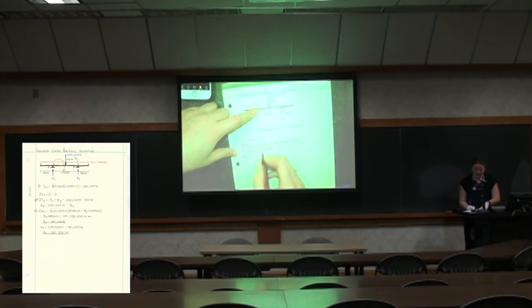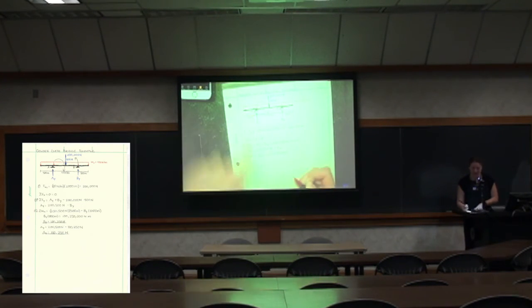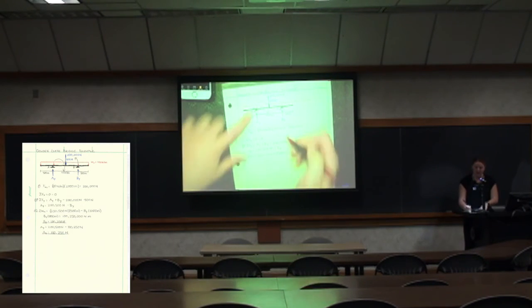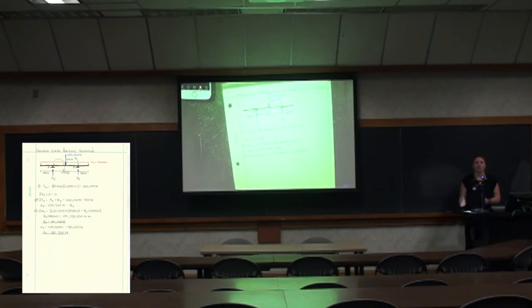So that's going to be a positive 200,500 newtons acting at a distance of 1,000 divided by 2 because it's at this mid-span, so 500 meters. And then we're also going to have a counterclockwise rotation from BY that's going to be BY times 1,000 meters.